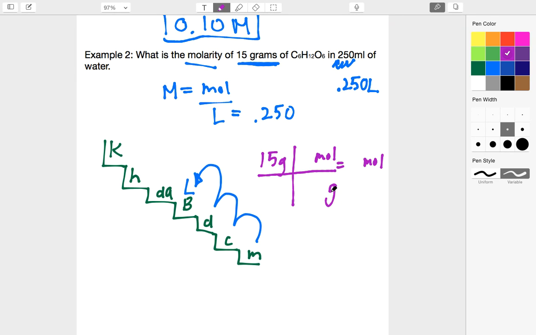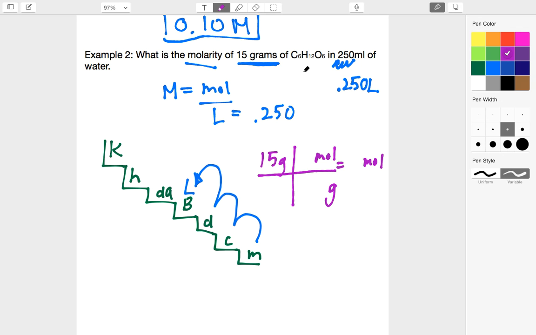And if you remember from your periodic table, I can calculate the molar mass of this entire compound to determine how many grams per mole I have. So I need to find the mass of C multiplied by 6 because I have 6 of it, find the mass of H on my periodic table, multiply it by 12, find the mass of O, multiply it by 6, and then add all this together.